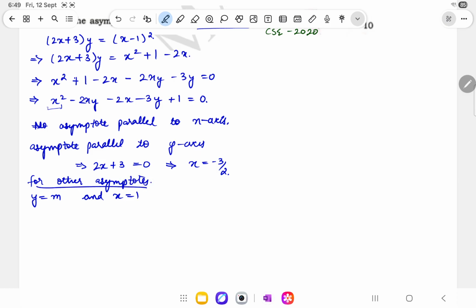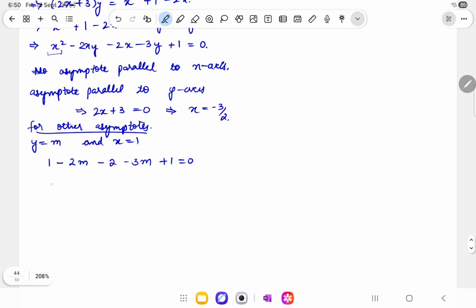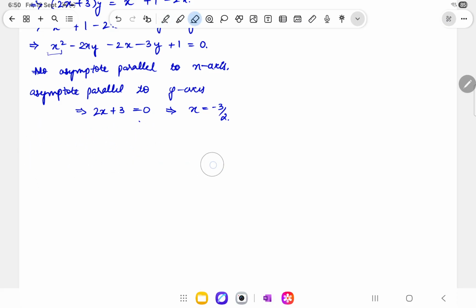If we do so, we'll be getting 1 minus 2m minus 2 minus 3m plus 1 equals 0. So if we solve it, what we do is we basically calculate a function phi n of m, where n is the combined degree.